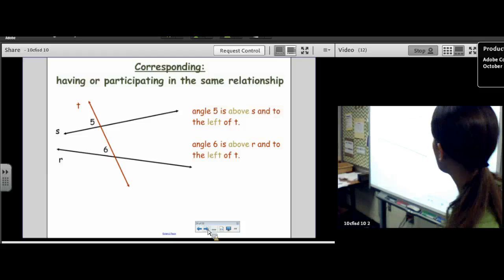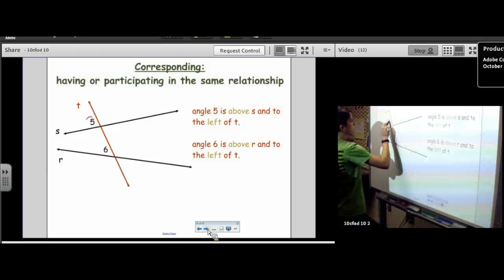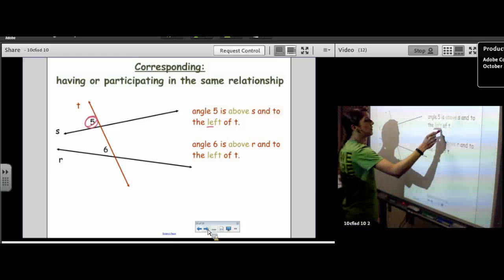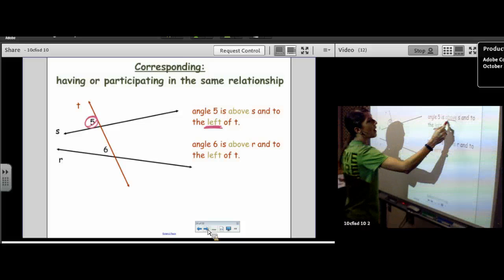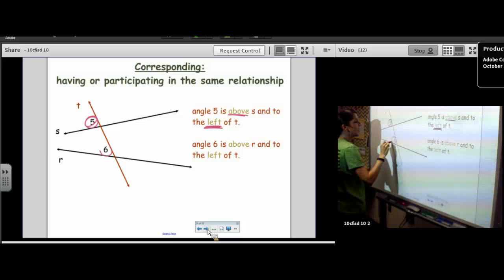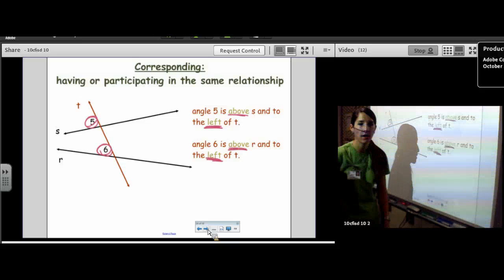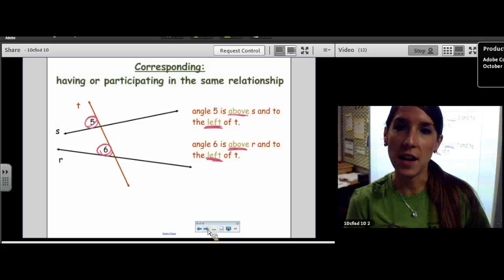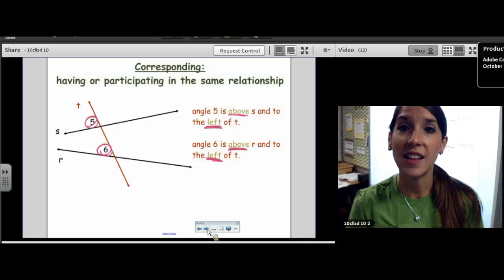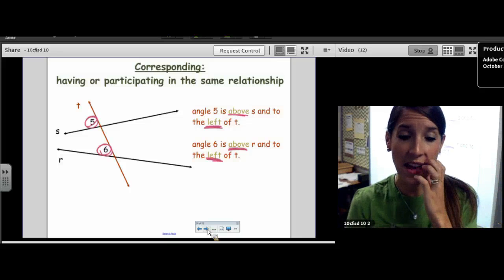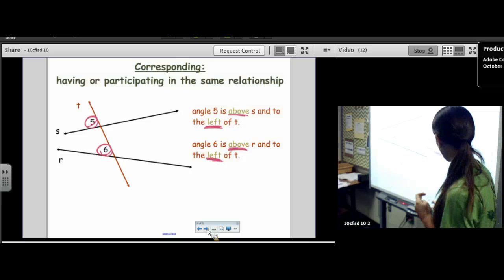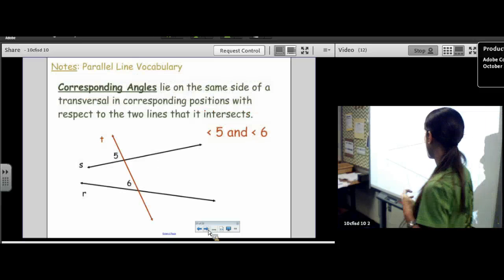So notice, angle 5 is to the left of T and it's above S. Angle 6 is to the left of T and it's above R. So angle 5 is to the left and above, and angle 6 is to the left and above. And so they get their own name. Their own name is corresponding angles.